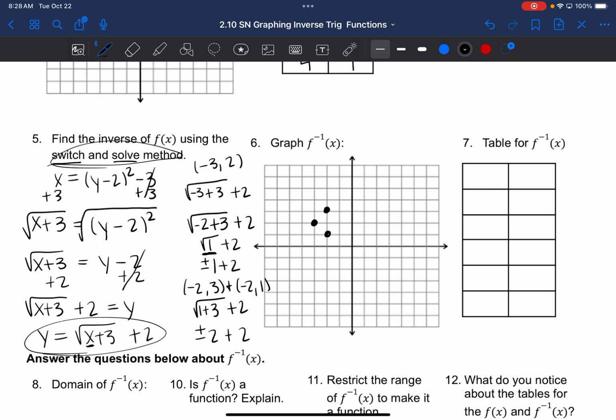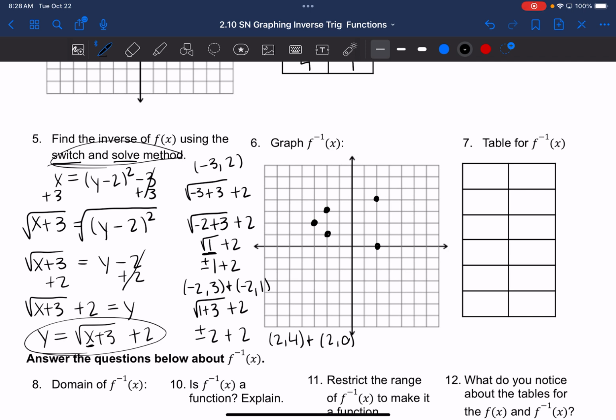Okay, well, what is 2 plus 2? 4. Okay, so I could get 4 as one outcome. If I use the negative 2, what's negative 2 plus 2? 0. So that would give me the point 2, 0. So I'd have a point at 2, 4, and a point at 2, 0.